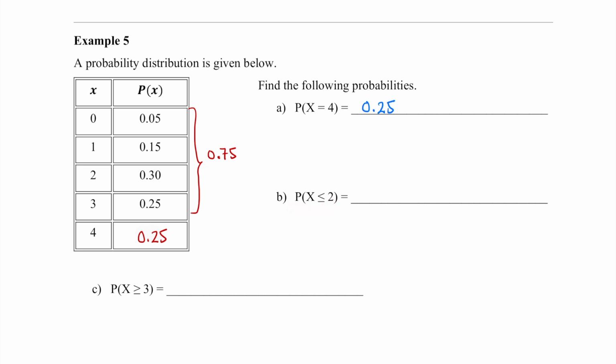The values less than or equal to 2 are 0, 1, and 2. Add their probabilities. So we'll take 0.05 plus 0.15 plus 0.30, which equals 0.5.